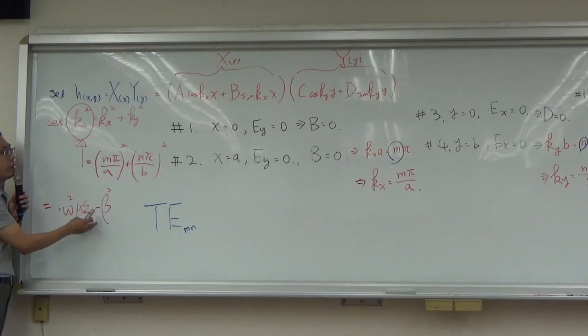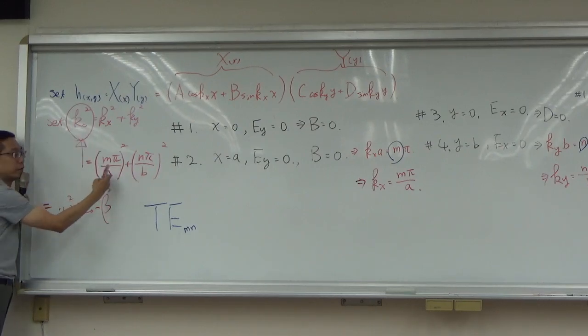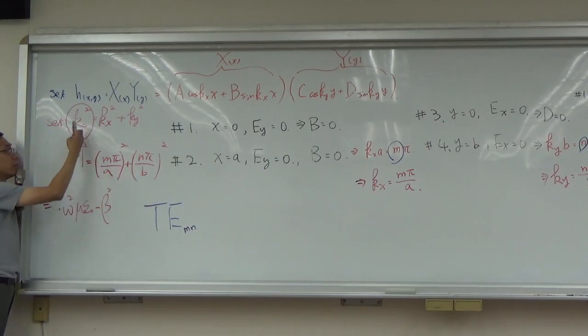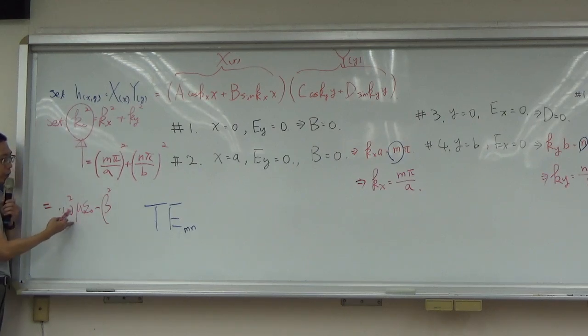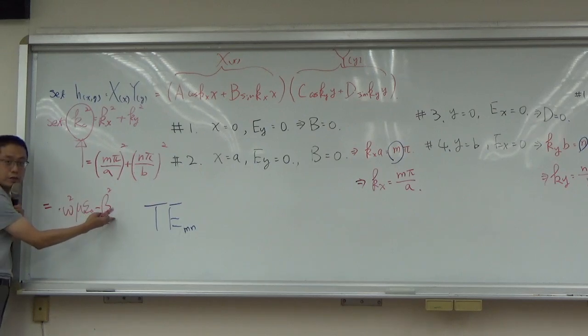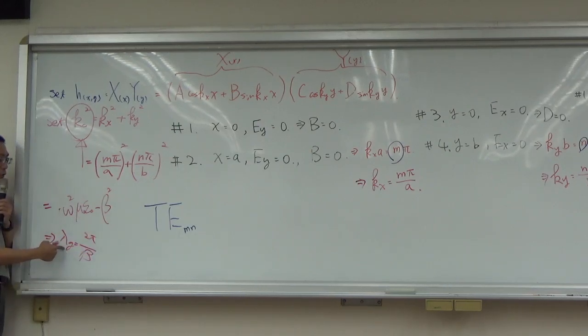You can calculate the cutoff wave number from the mode you decide. You obtain kc. You have the material, you have k squared. You can understand what beta is, then you can find lambda g equals 2 pi over beta. You can find out the wavelength of your waveguide.